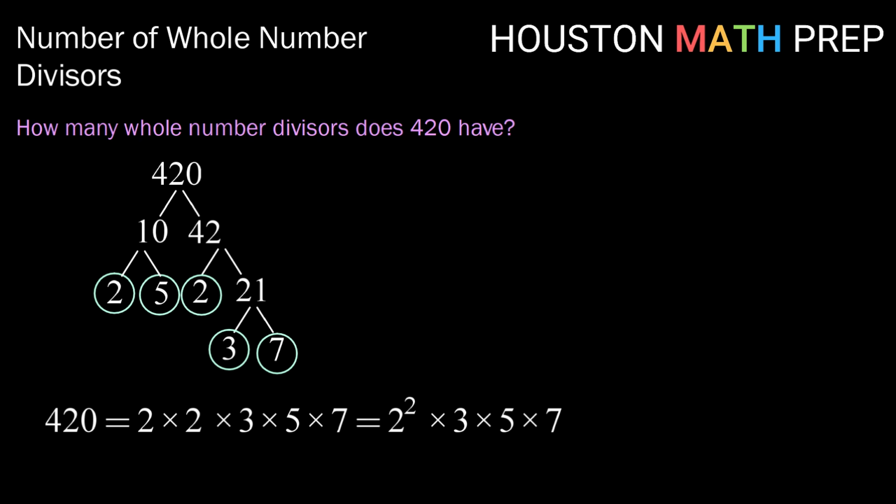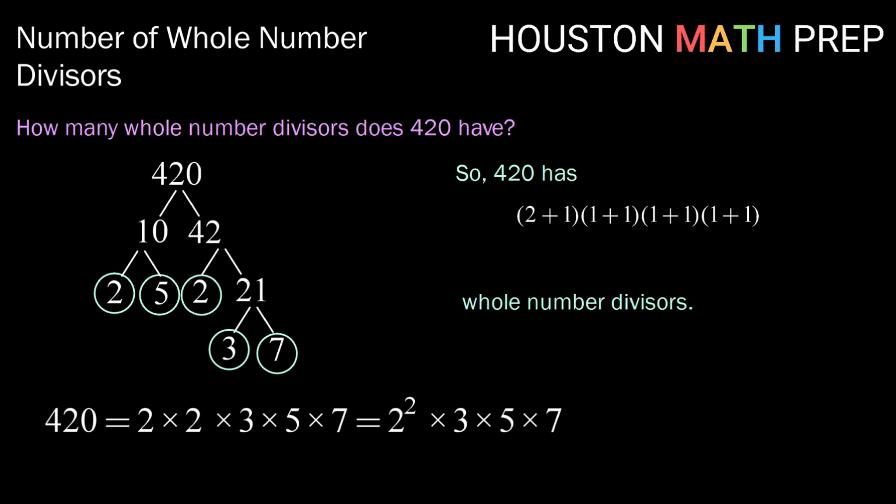Remember that 3, 5, and 7, since we don't see an exponent, really are raised to the power of 1. So 420 has 2 plus 1 times 1 plus 1 times 1 plus 1 times 1 plus 1, or 3 times 2 times 2 times 2, or 24 whole number divisors.